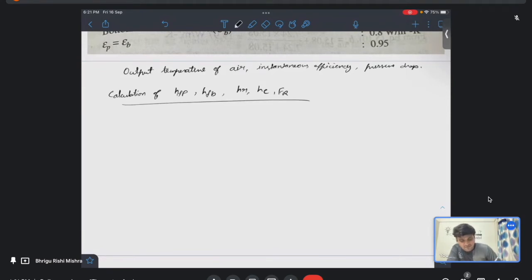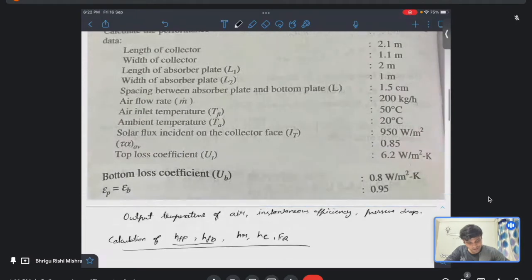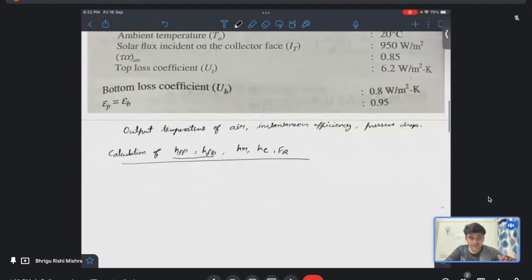First we will calculate HFP and HFB. Now we need to assume the air properties to calculate HFP and HFB. Here the air inlet temperature is given as 50 degrees centigrade, so we need to take the air properties at a mean temperature.